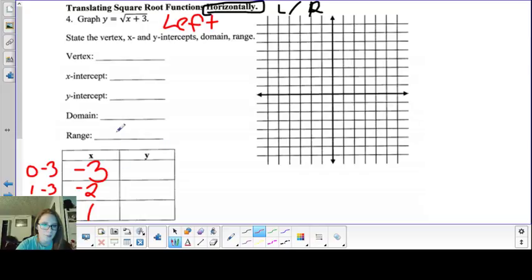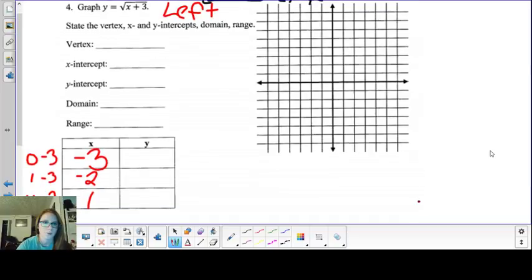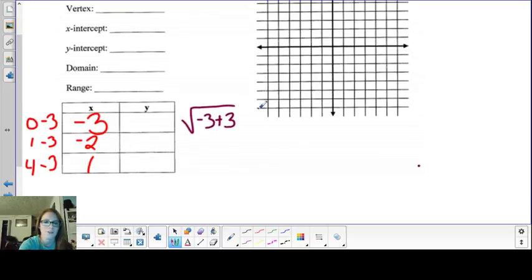Now I'm going to plug my newly found x values into my equation, which is the square root of x plus 3. Notice it's in the square root, so I have to do that part first. What is negative 3 plus 3? 0. What's the square root of 0? Do you see where we're getting here?